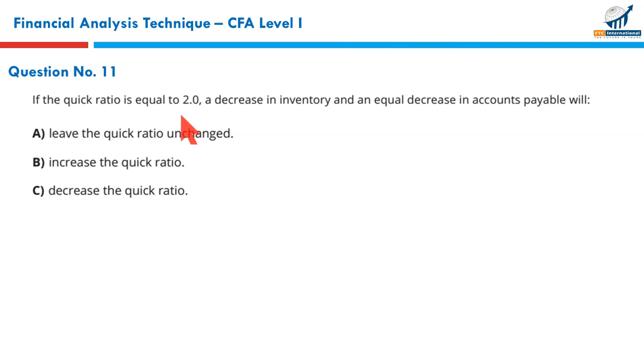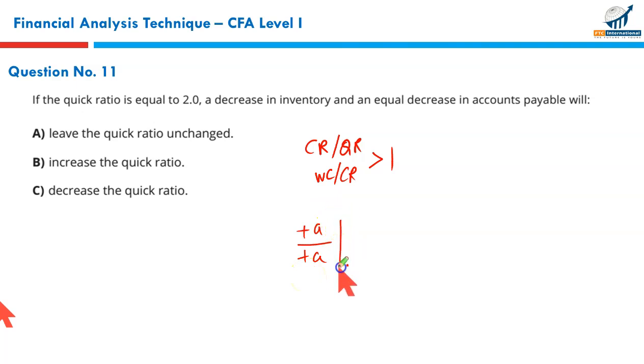Now I would spend some time on this for you people to get some good idea. Before we do this question, let me just give you some tip for managing ratio analysis. If your current ratio, quick ratio, working capital ratio, cash ratio, whatever, if it is greater than 1, and if as a result of any transaction there is an addition in the numerator to the ratio and to the denominator, any transaction that results in same increase in the numerator as well as denominator, it will cause the ratio to fall.